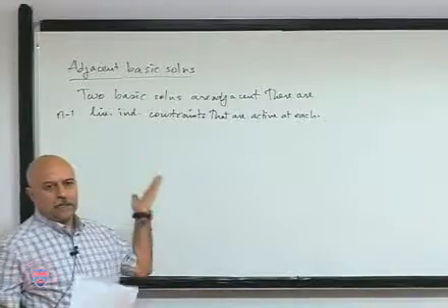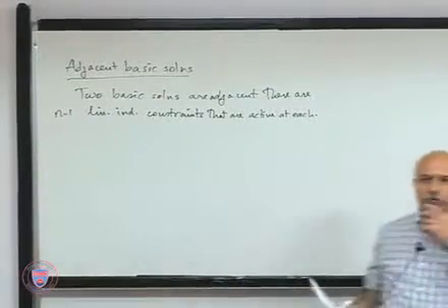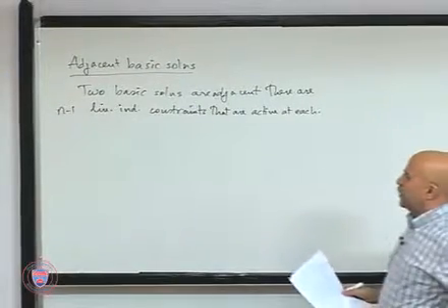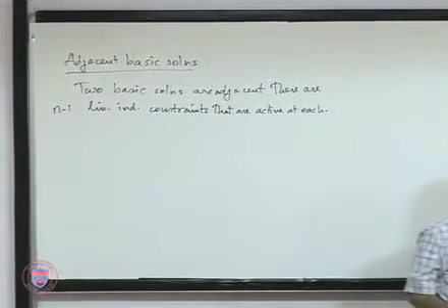So this is the definition that I gave you before. Two basic solutions are adjacent if they happen to share n-1 of the linearly independent active constraints.